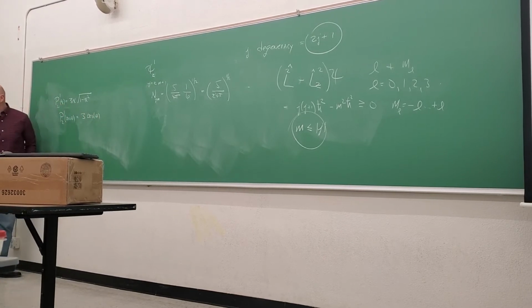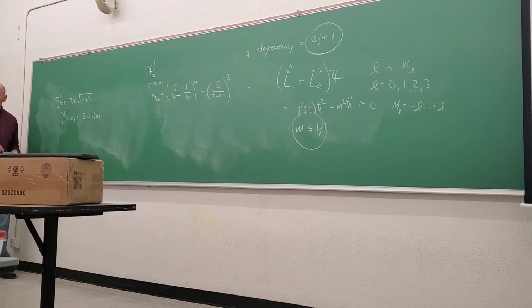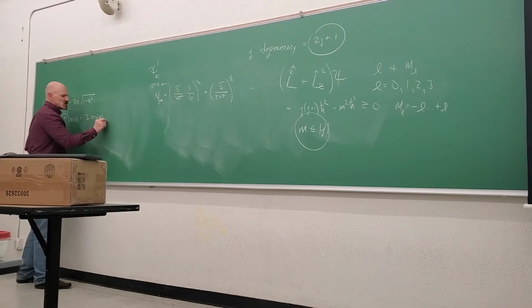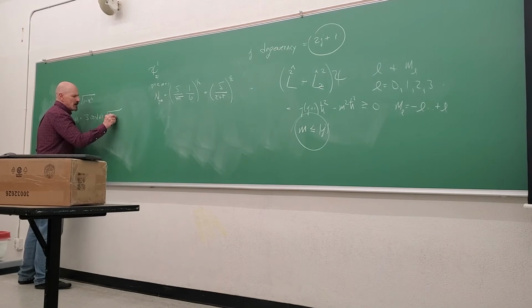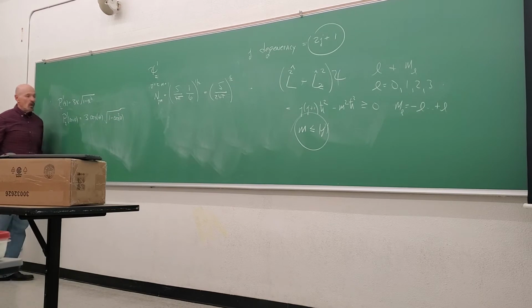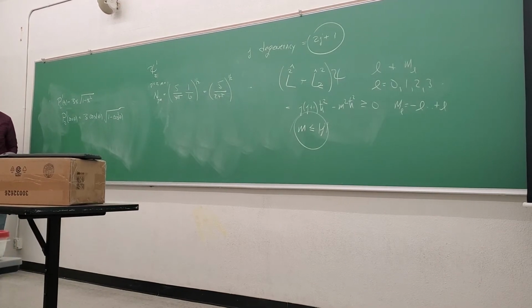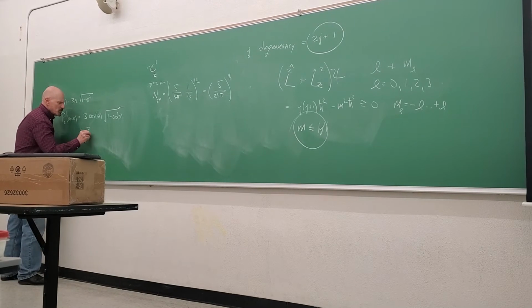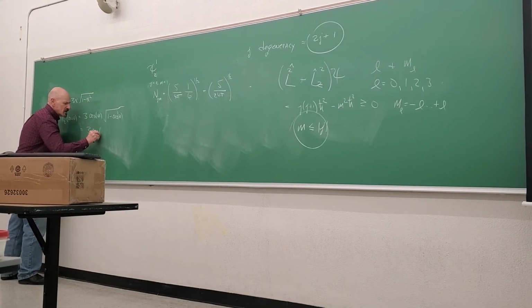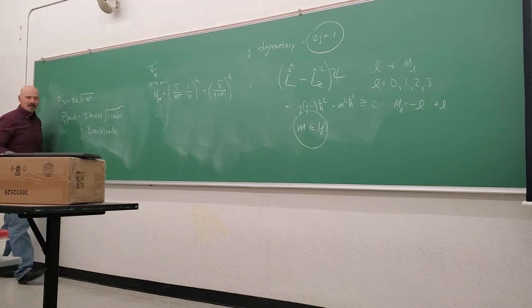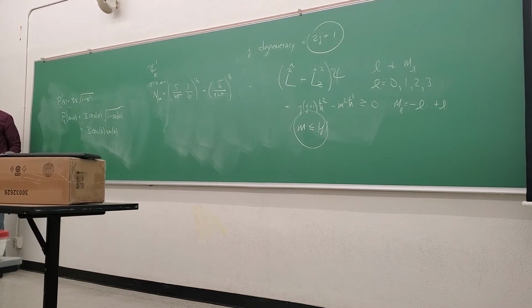Wherever I see an x, I replace it with the cosine of theta. Then this becomes a square root of 1 minus cosine squared of theta. Well, 1 minus cosine squared of theta, from trigonometric relationships, is just sine squared of theta, so the square root is the sine of theta. So this ends up being 3 times the cosine theta times the sine of theta. So that is then the angular part.